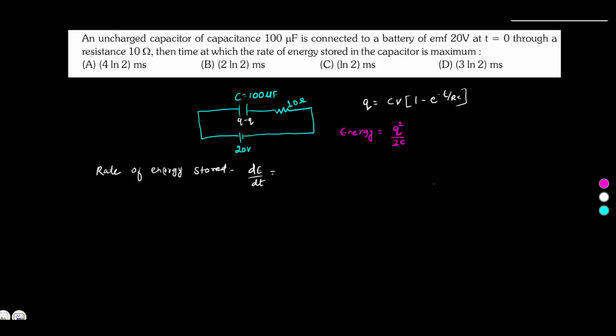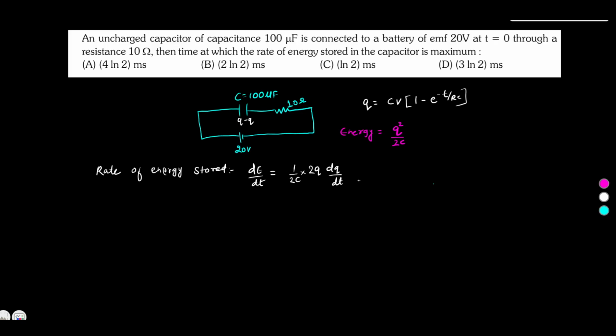So dE by dt will be 1 by 2C times 2Q times dQ by dt. This is the rate of energy stored. Now in the question they are asking the time at which the rate of energy stored in the capacitor is maximum. So this function has to take its maximum value.